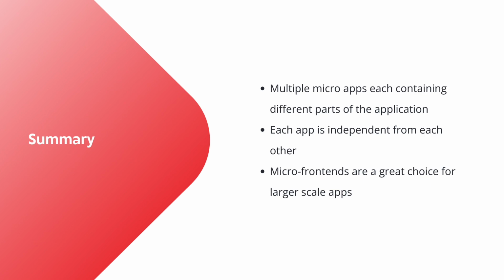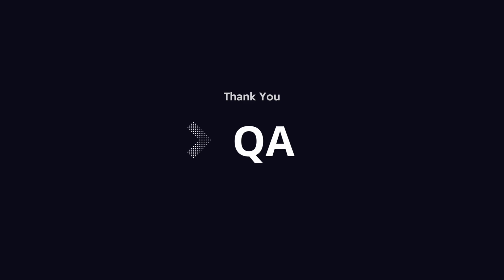Each app is independent from the others, so there is very little to no dependency between those applications. And micro frontends are a great choice for larger scale applications. Okay, I think that is it. Thank you everyone. If you have any questions, you can ask me.